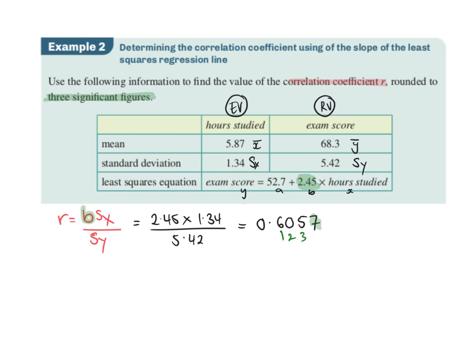Because that is a 7, this goes up to 0.606. Okay, so that is to three significant figures. So once you have a non-zero, you count. So even though there was a 0 after the 6, it was after, so it starts counting.